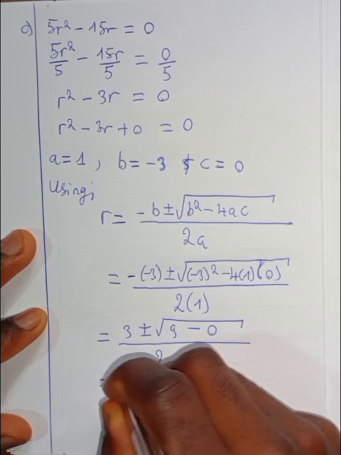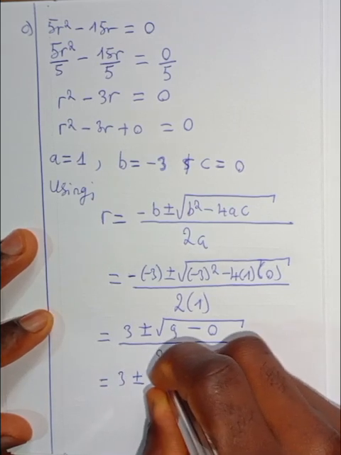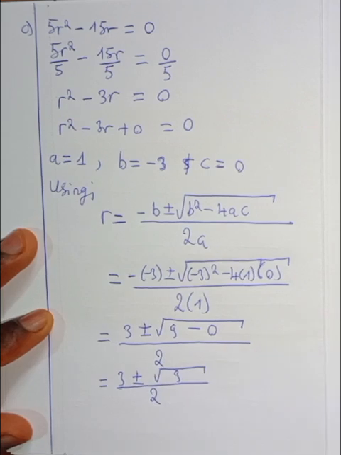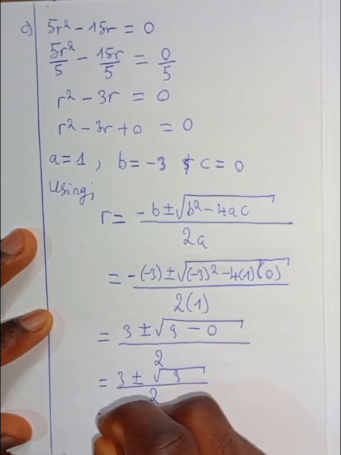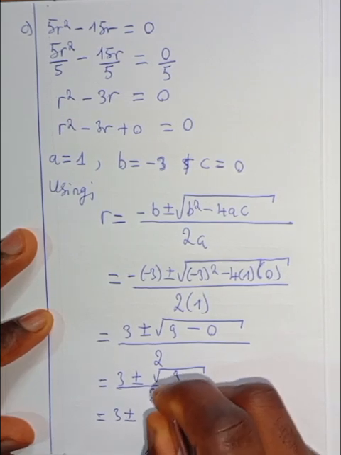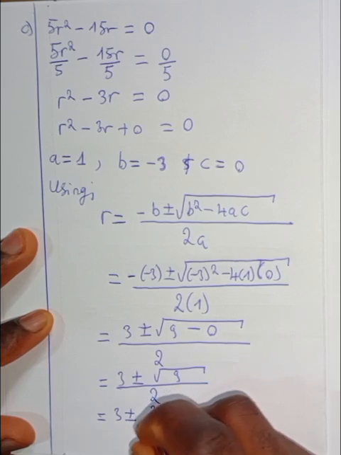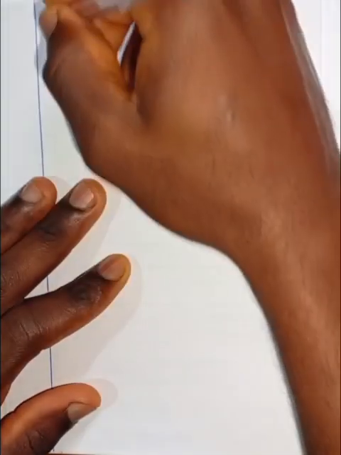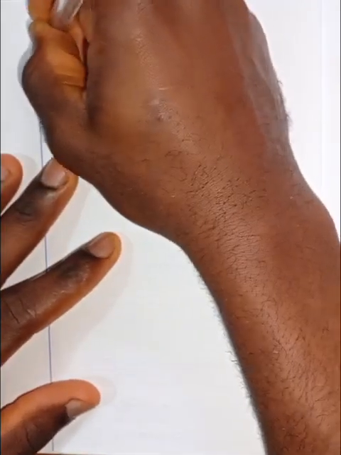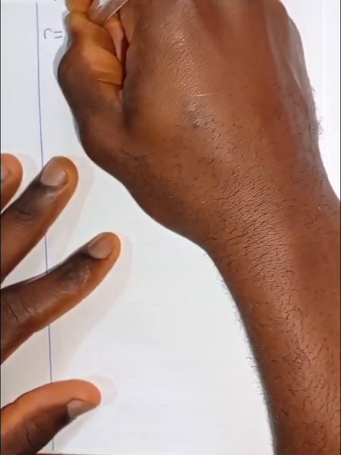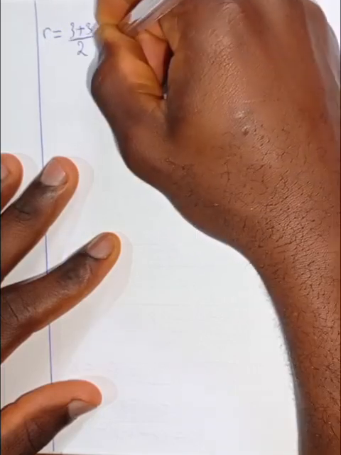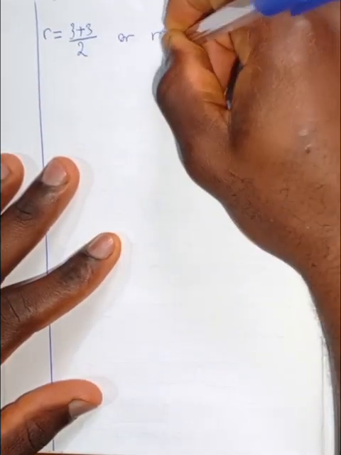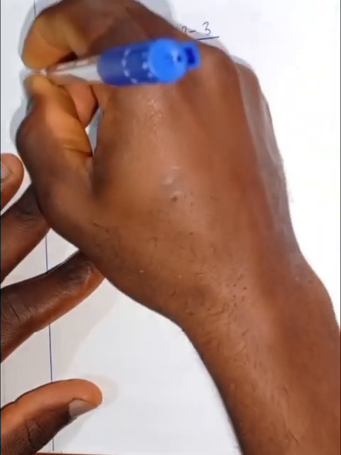This will simply be equal to 3 plus or minus the square root of 9 all over 2, which is simply equal to 3 plus or minus, we know the square root of 9 is 3, we divide all this by 2. So this will give us r to be equal to 3 plus 3 divided by 2, or r to be equal to 3 minus 3 divided by 2.